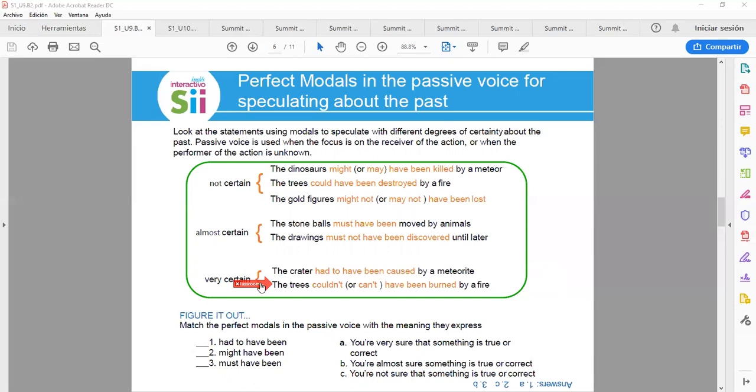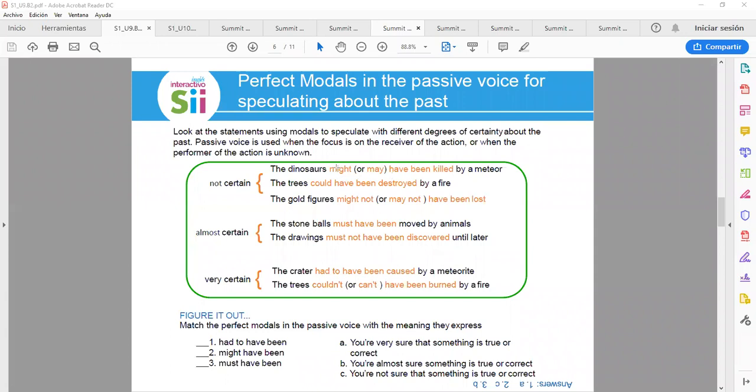Let's see that, of course, as it is passive voice, we are going to have, first of all, the auxiliary from to be. Here, might have been. That's our auxiliary. And the main verb is going to be all of the time in past participle, as far as we can see in here. Let's check the structure.